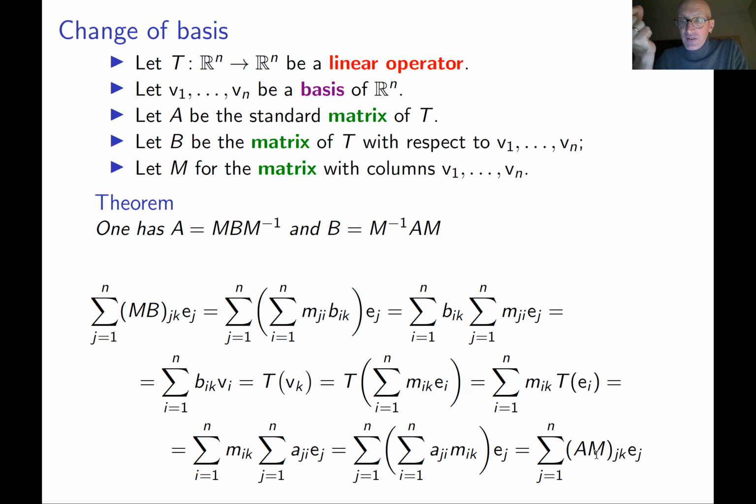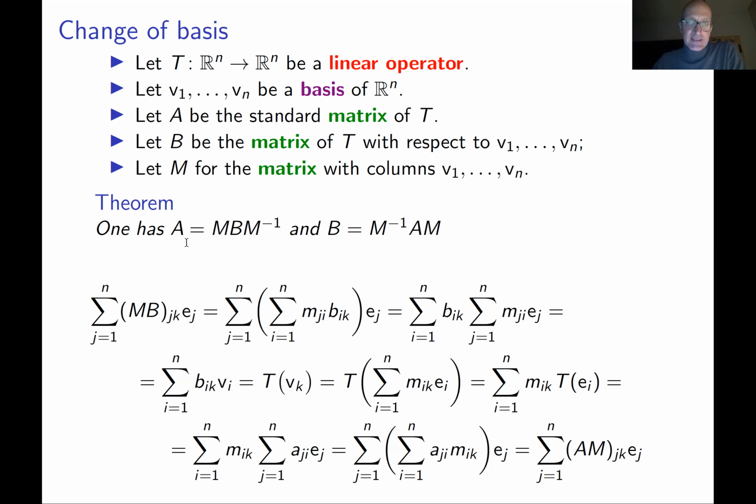These are just the coordinates of these vectors in the standard basis, the usual coordinates. Two vectors are equal if and only if their coordinates are equal. So we conclude that this number is the same as this number. But these numbers are jk entries of matrices AM and MB. So we proved this equality. Okay, it's a bit sketchy, but it's very straightforward. For the detailed proof, please take a look at the lecture notes.